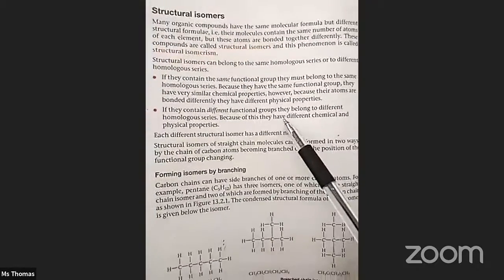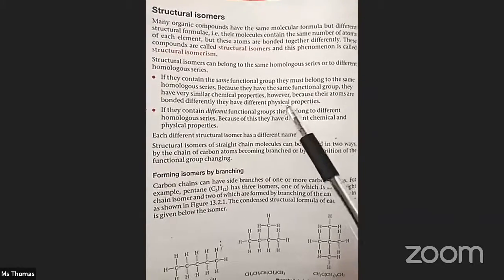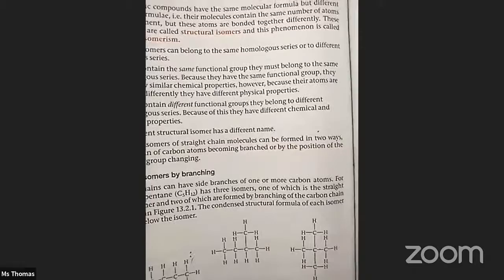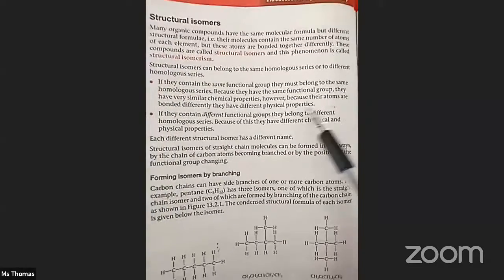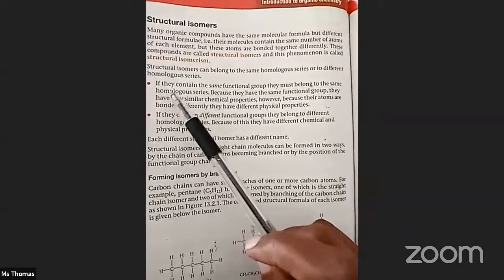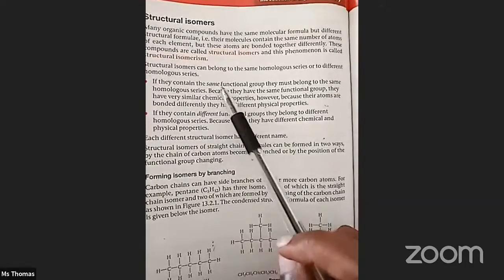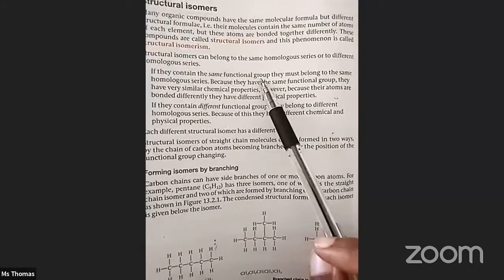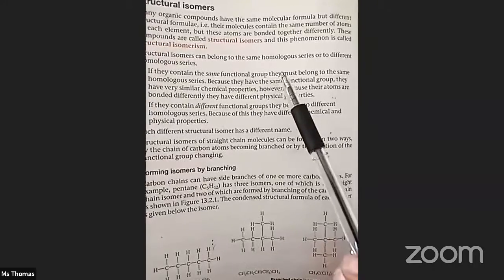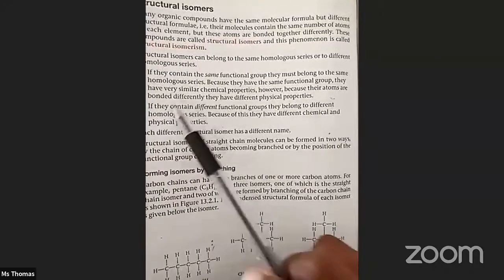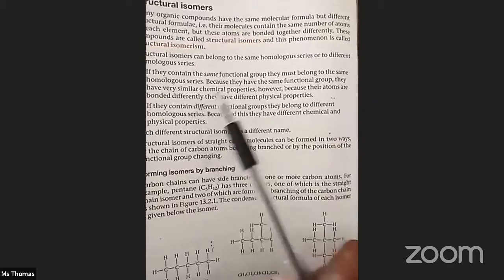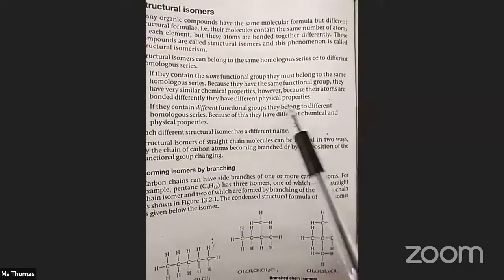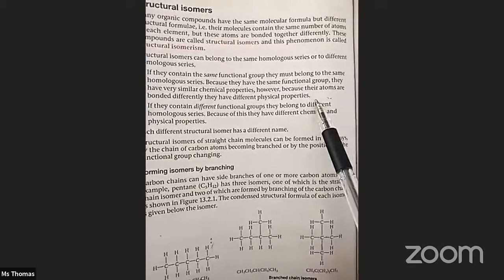Now, because of this, we have some things that are similar with structural isomers and some things that are different. If the isomers contain the same functional group, meaning they are both alkenes or both alkanes or both alcohols or acids, then they will have similar chemical properties, but they may have different physical properties.